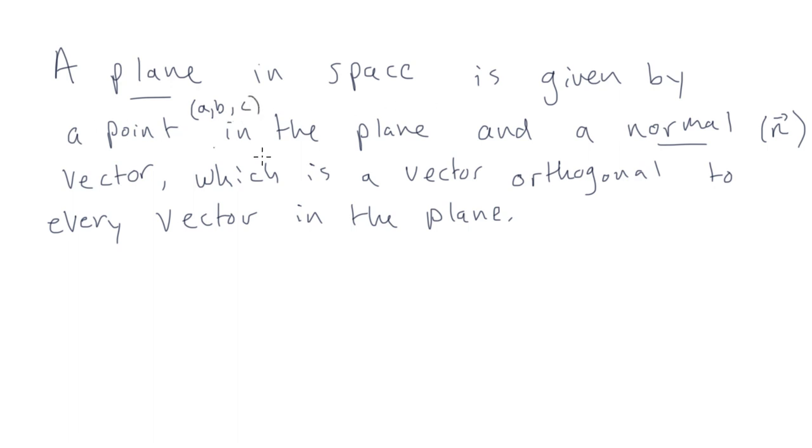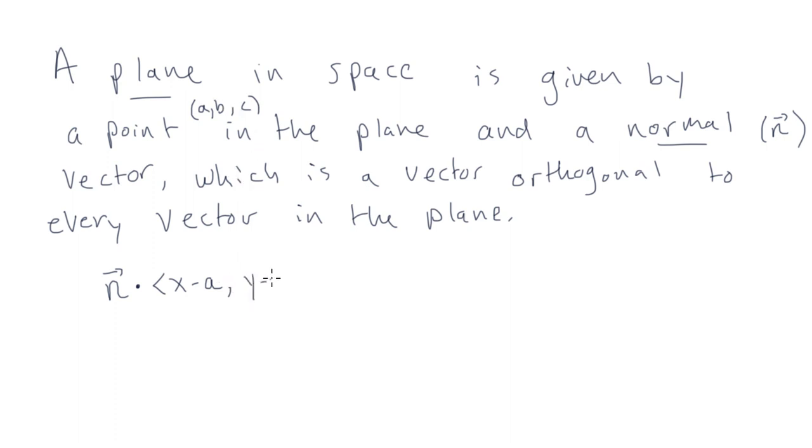So we have a point a, b, c and a normal vector n, then the equation of the plane is just going to be, well, I'm going to take my normal vector n and dot with any vector in the plane, or any vector kind of rooted at this point that's in the plane.